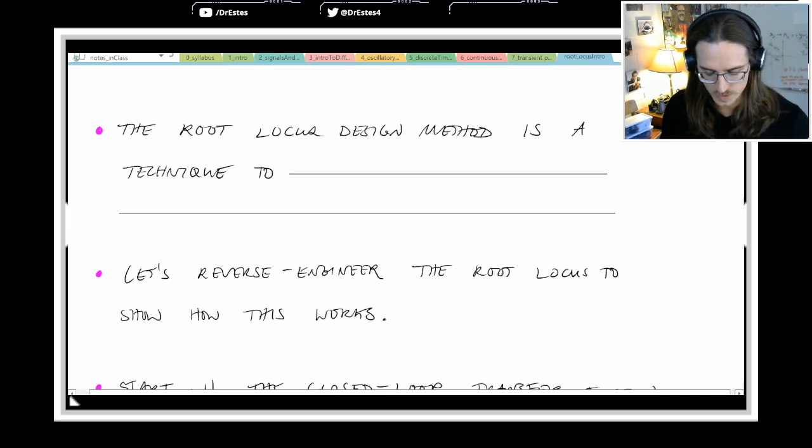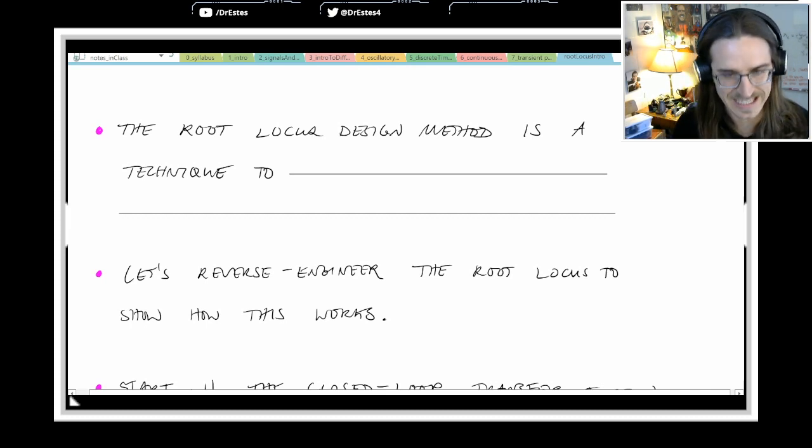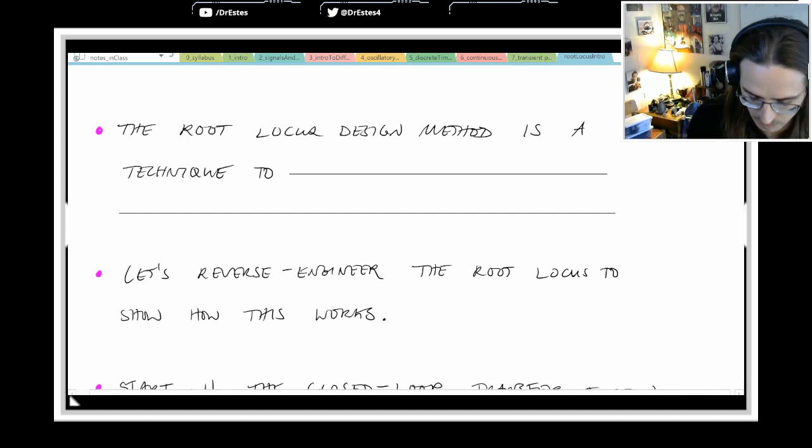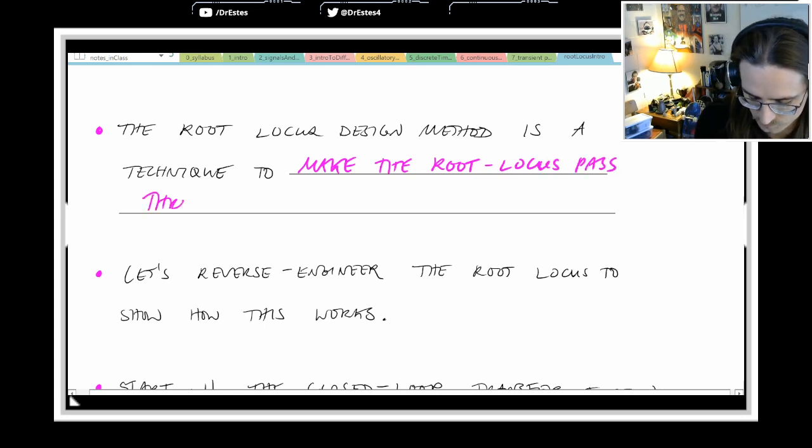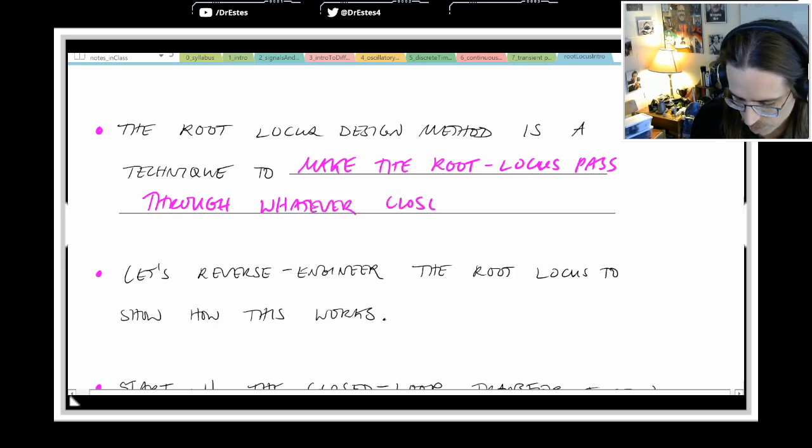Okay, so the root locus design method is a technique to make the root locus pass through whatever closed loop poles that you choose.